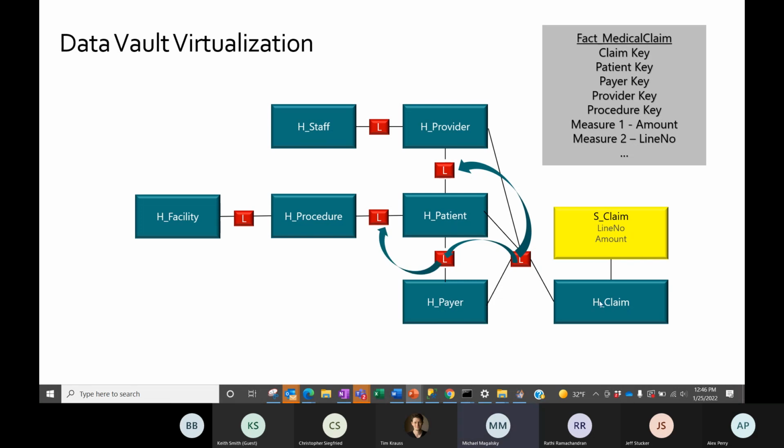So by joining from just the claim satellite to the claim link, to the payer link, and then to the patient link, and then to the procedure link, those five objects, by simply joining between those objects, we can create a virtual fact that gives us our measures at the appropriate grain.